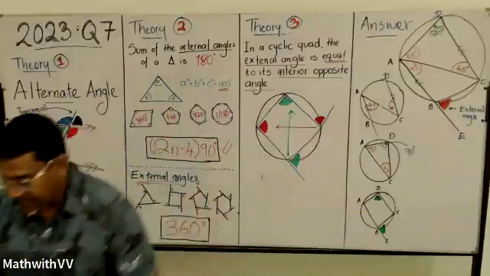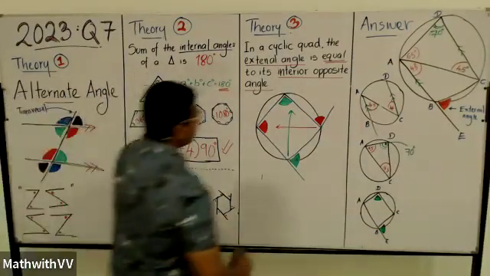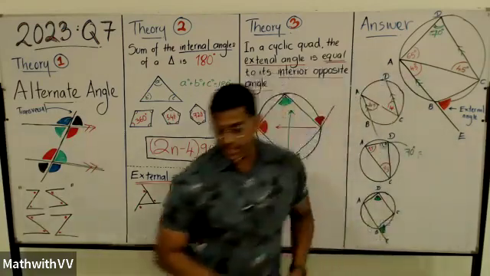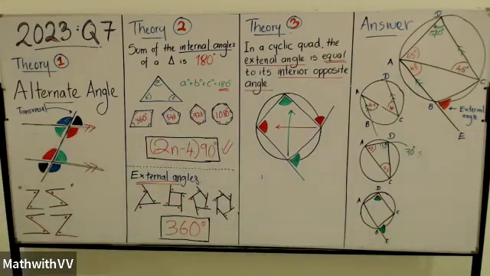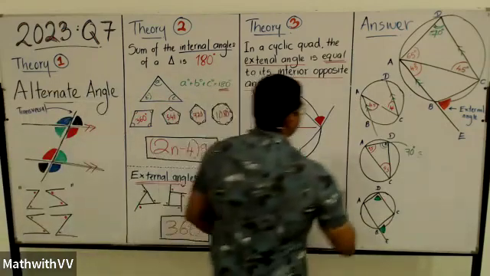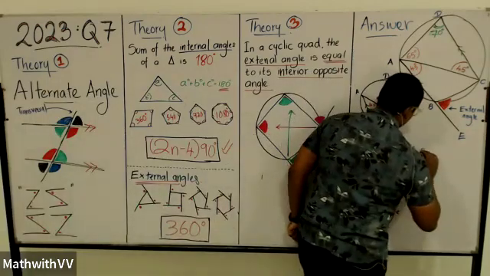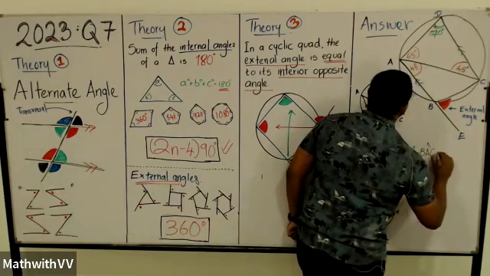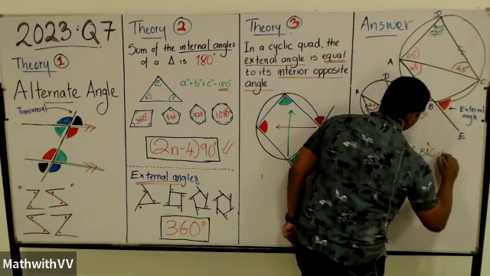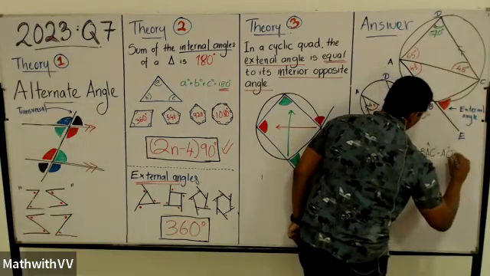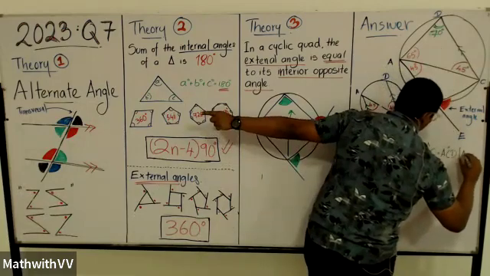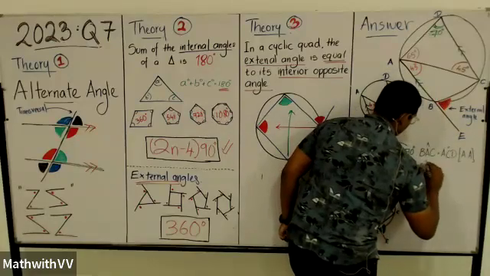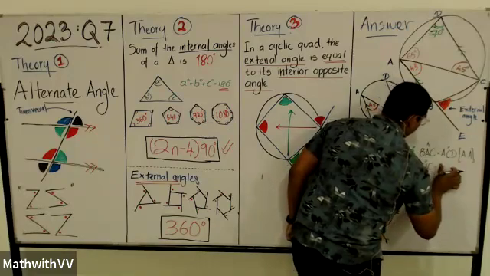Okay. So if we write the workings, the first one: angle BAC equals angle ACD. Why? Alternate angles by theory 1. So BAC equals 45 degrees.